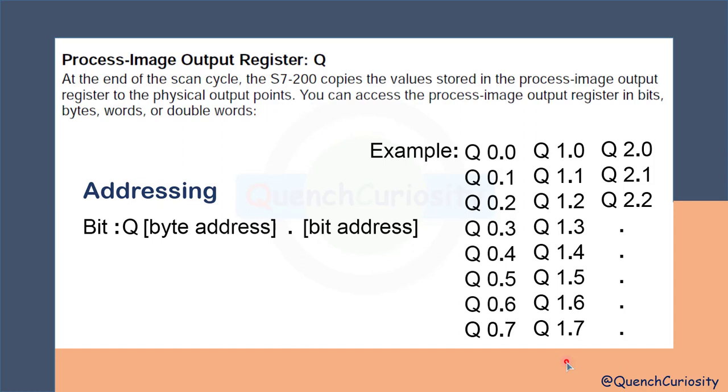Now, in any PLC or for any programmer, the memory bit or the variable bit or byte plays a very critical role, because it gives you the flexibility to store data, to access the data, and to transfer the data from PLC to HMI or HMI to PLC or PLC to SCADA or vice versa.